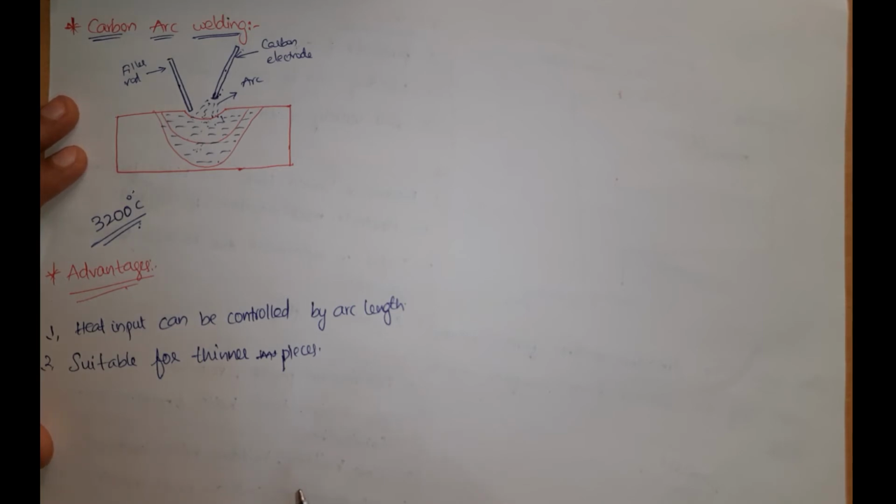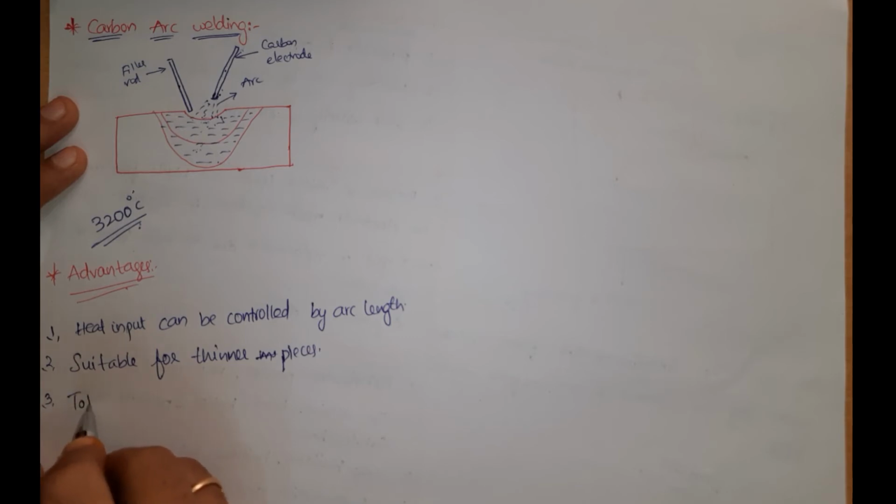Because if you have to weld a thicker piece, continuous heat must be produced to melt such a thick metal. So it is not suitable for thicker pieces, it is only suitable for thin pieces. As such, we can control the heat input up to the desired area. How much that heat should penetrate, we can control with the help of the arc length, right?